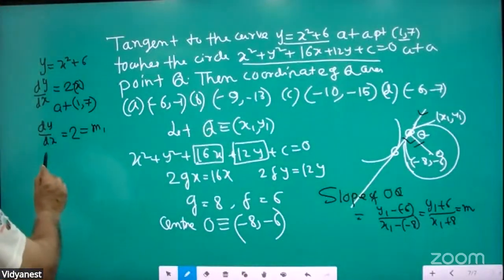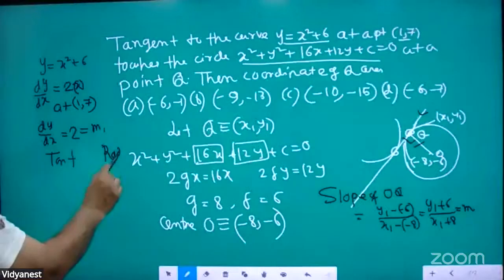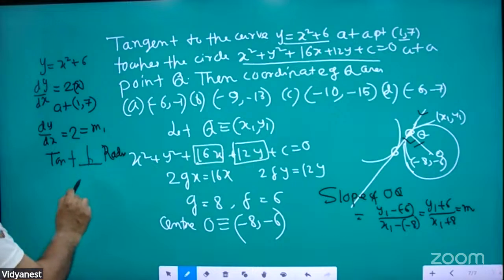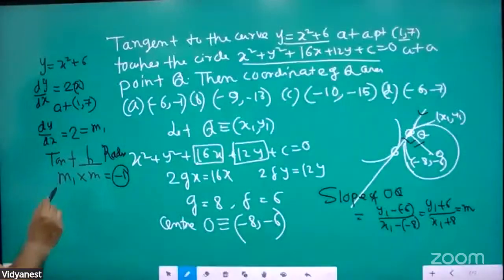Now tangent and radius are perpendicular to each other at the point of contact. So m1 into m is minus 1. So that result will speak for you. What is m1? 2. What is m?